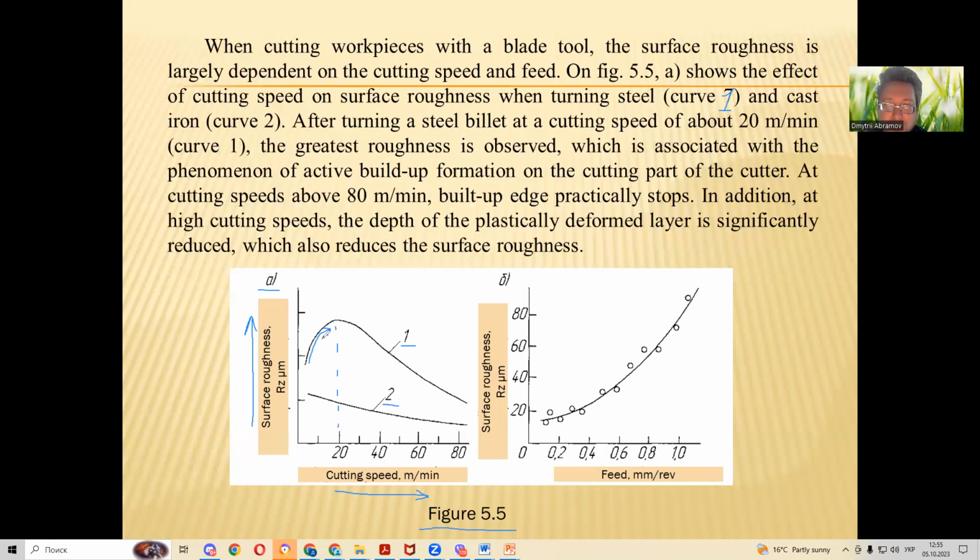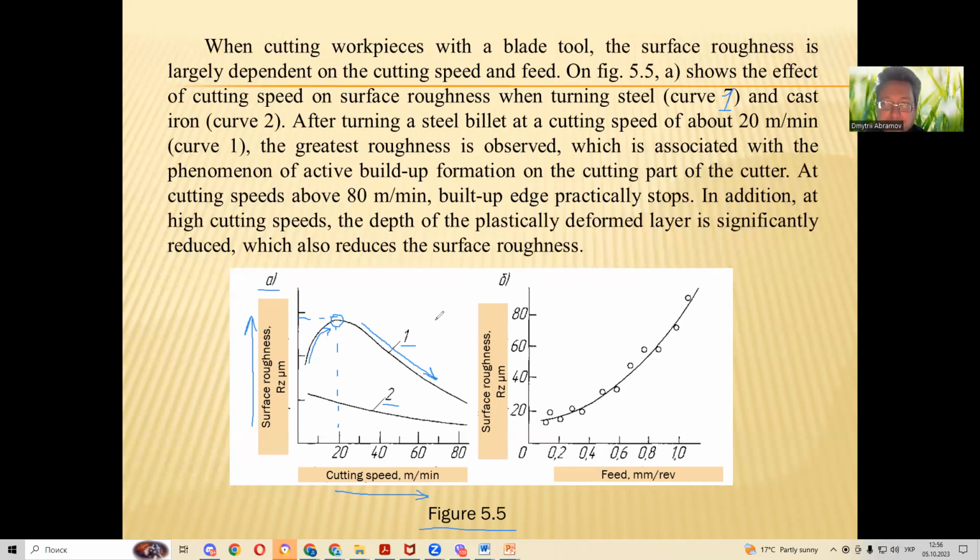This is associated with the phenomenon of active build-up formation on the cutting parts of the cutter. At cutting speed above 80 meters per minute, build-up practically stops.